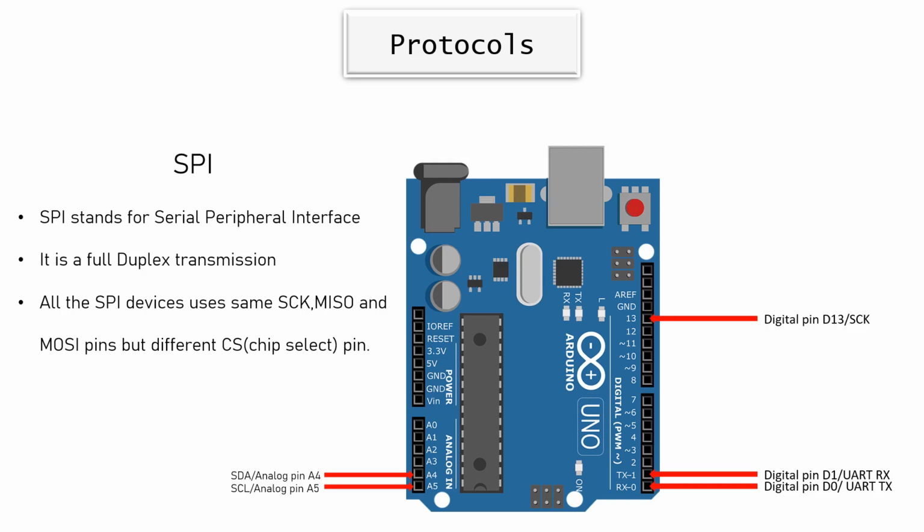Digital pin D12 is used as MISO, master in slave out. Digital pin D11 is used as MOSI, master out slave in. Digital pin D10 is used as chip select. When we use multiple SPI devices, we can use the remaining digital pins as chip selects.